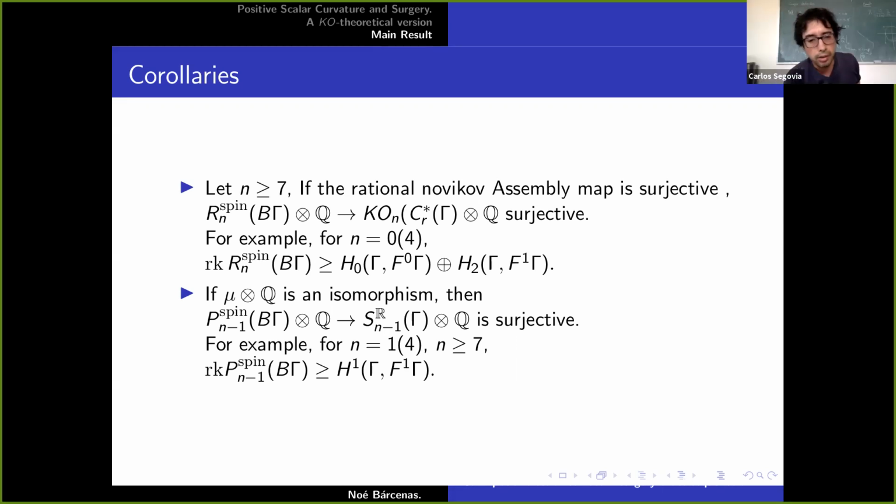Could you tell us then how you see, for example, H2 of gamma with these really weird coefficients in Rn? How are these surfaces there? Oh, so this is just a group homology with coefficients in real elements.